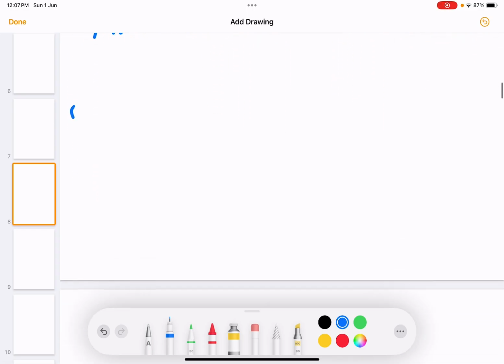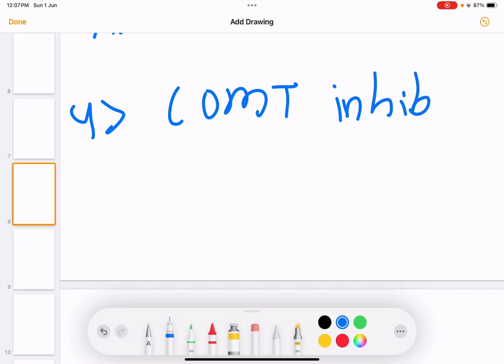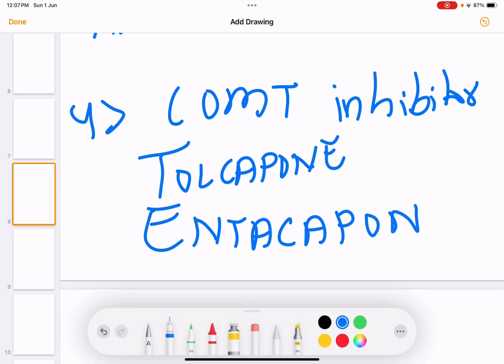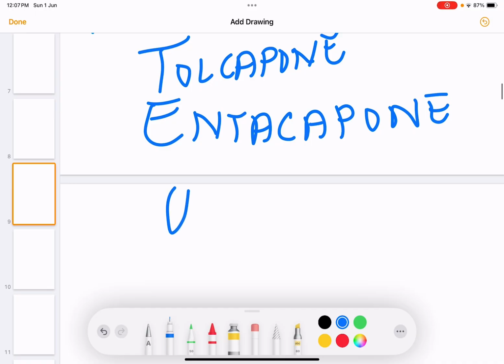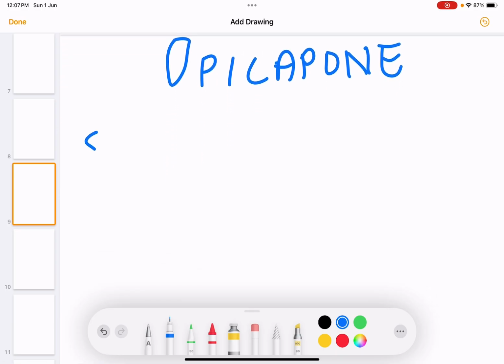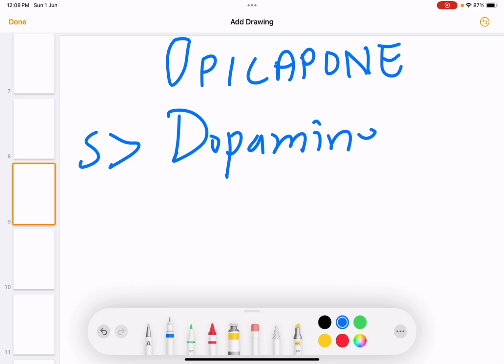Then we have COMT inhibitors, catechol O methyl transferase inhibitors. In this we have tolcapone, entacapone, and opicapone. Now the next category of drug we have is dopaminergic agonists or dopamine receptor stimulators.